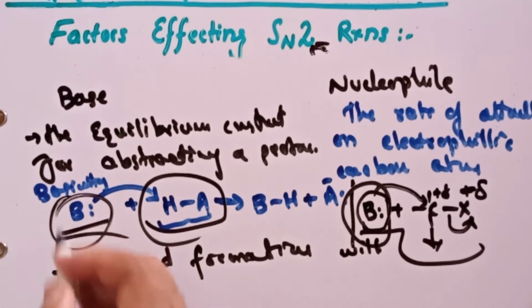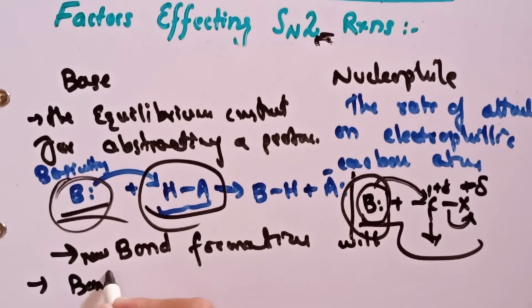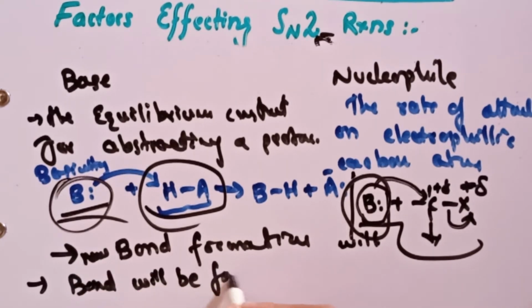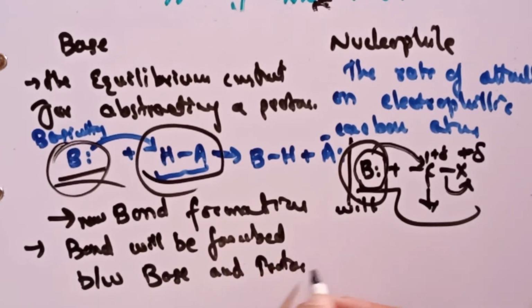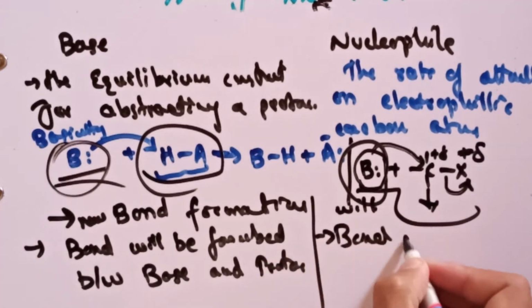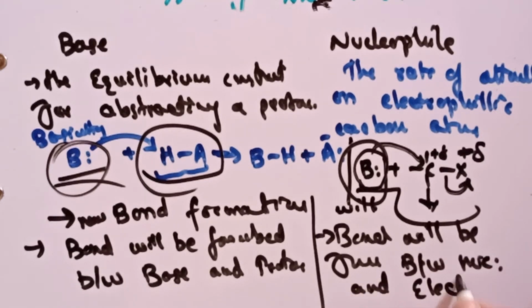While in the case of base, a bond will be formed between the base and the proton. In the case of nucleophile, a new bond will be formed between the nucleophile and the electrophile. Electrophiles are those species that have deficient electrons, that are poor in electrons.